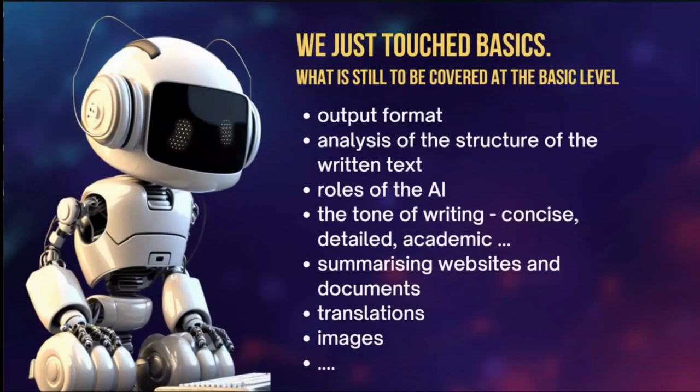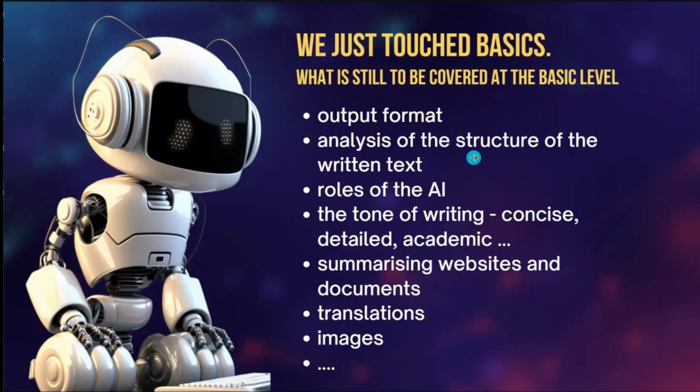Okay, so this was just the basics. Only the basics of how to use it. Whenever we start to use it in more detail, you will see that there are plenty of different levels. We can say what the output format will be.